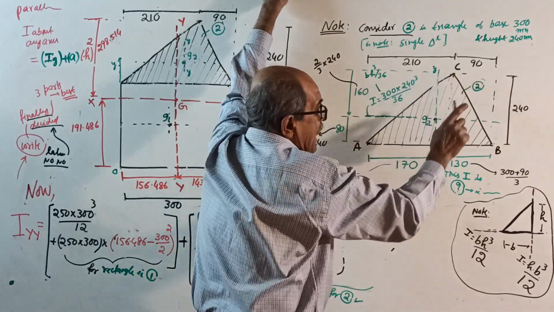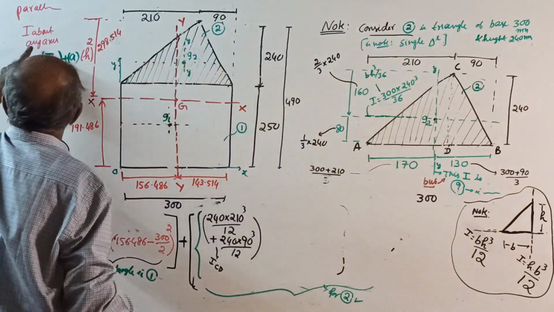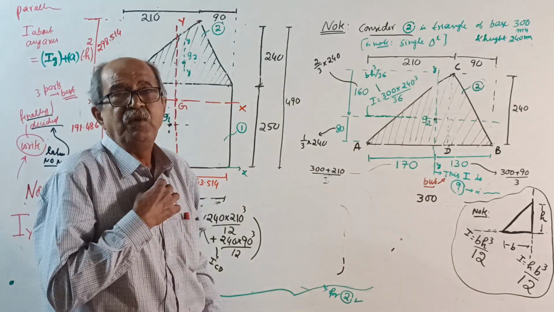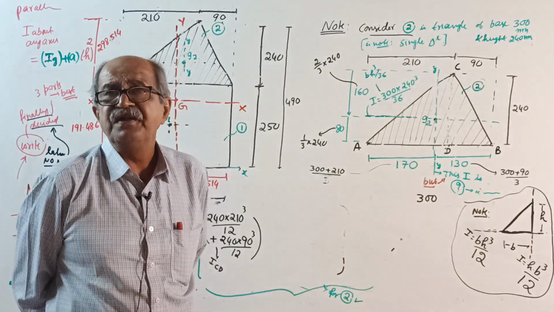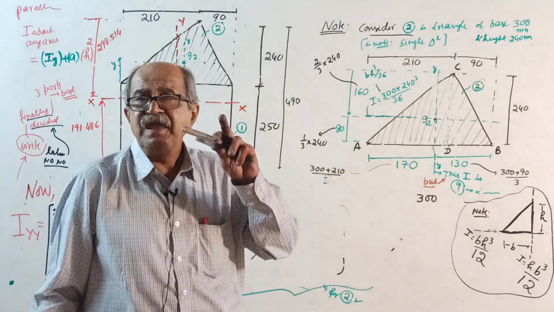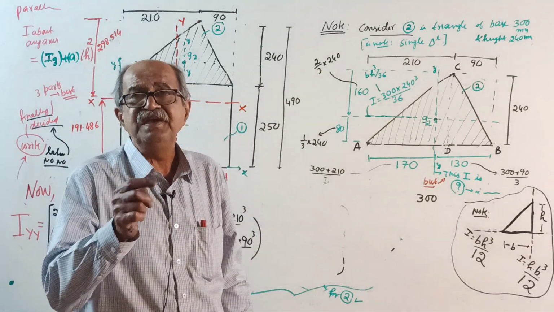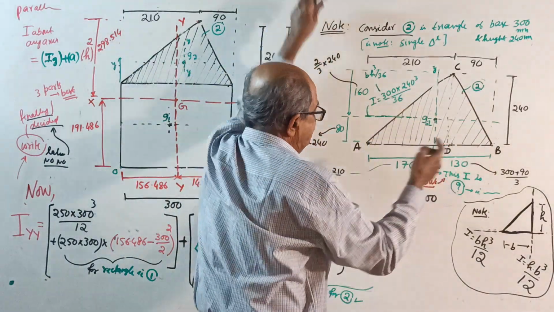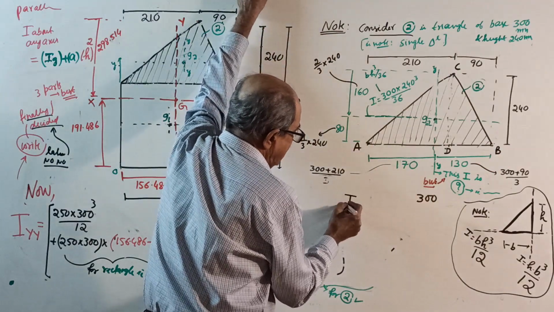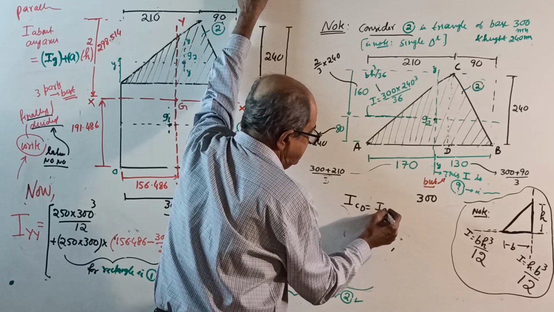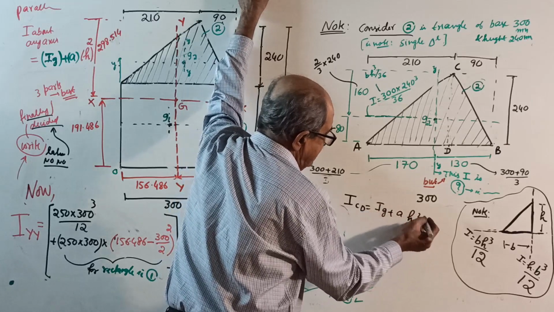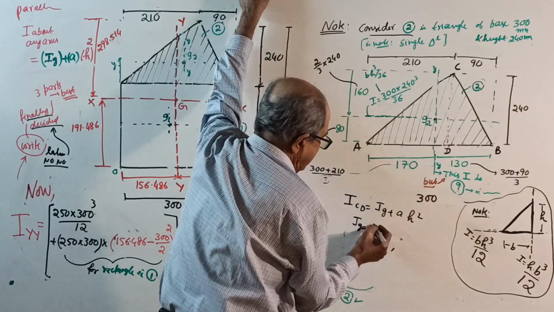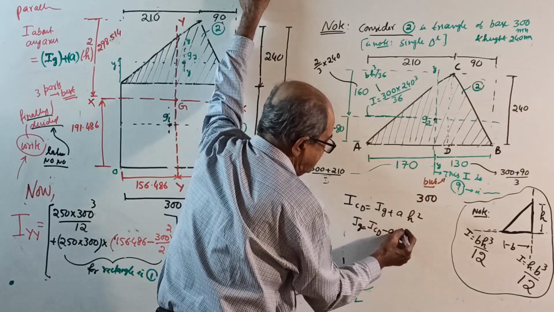So, by the parallel axis theorem, I about any axis equals IG plus A H square. If you want about any axis which lies outside the centroid, the formula is I about the centroidal axis plus AH square. But here, this axis CD is an outside axis. So if you want I about CD, it is IG plus AH square. Therefore, your IG will become I about CD minus AH square.